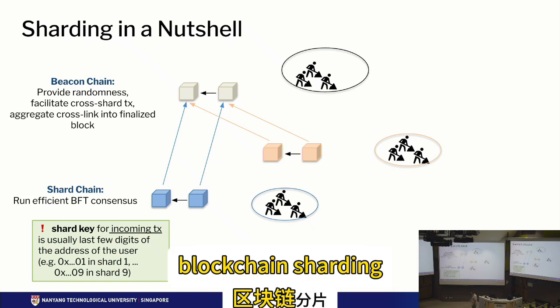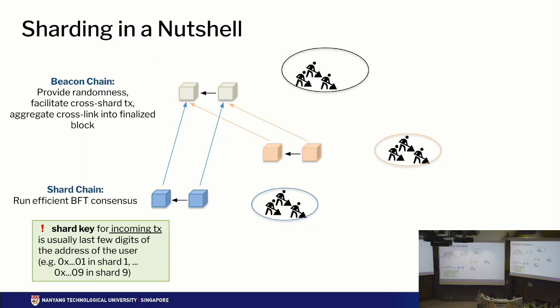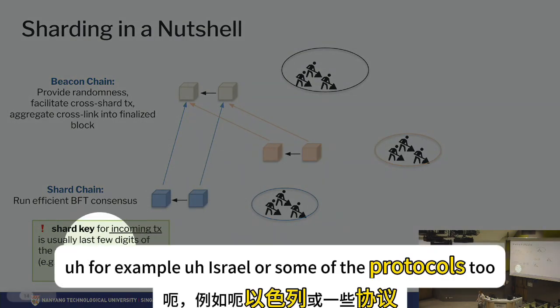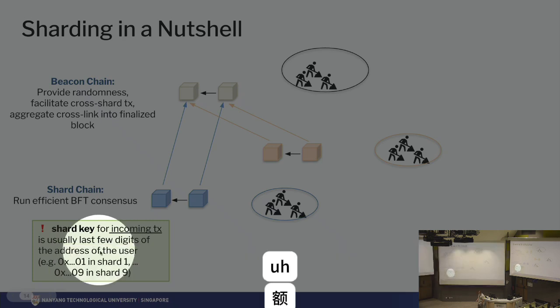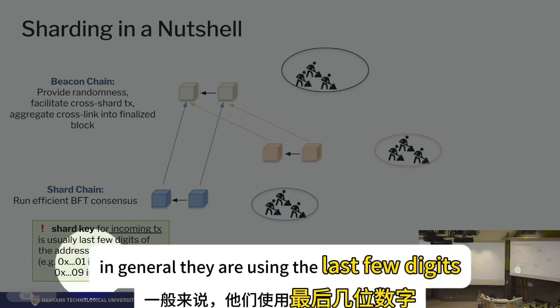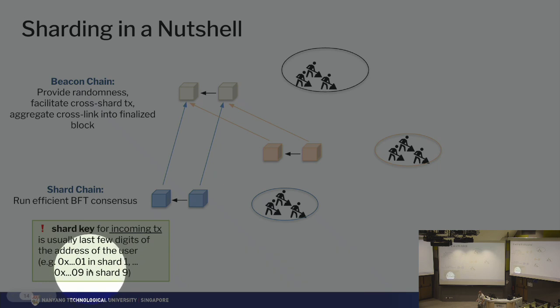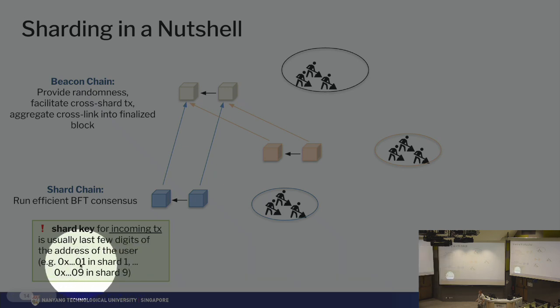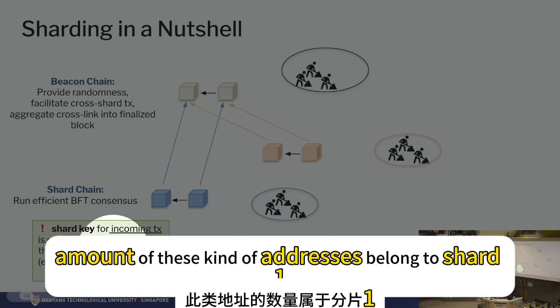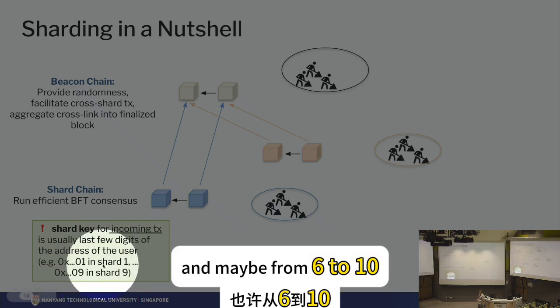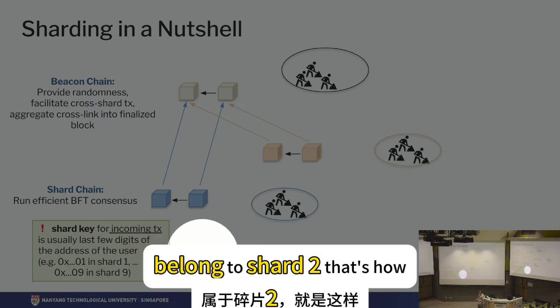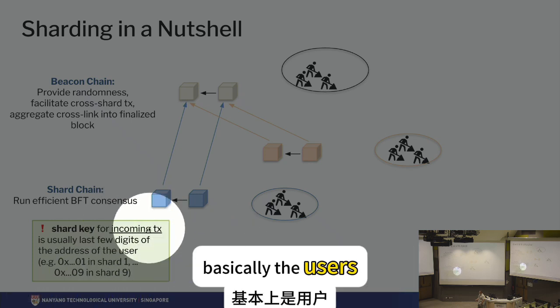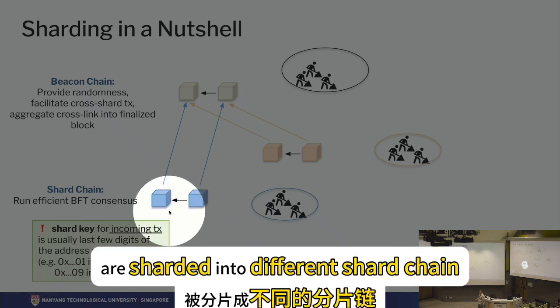For blockchain sharding, we also have a shard key. In general, for example, Ethereum or some other protocols use the last few digits as the shard key. For example, addresses from 01 to 05 belong to shard 1, and maybe 6 to 10 belong to shard 2. That's basically how users are sharded into different shard chains.